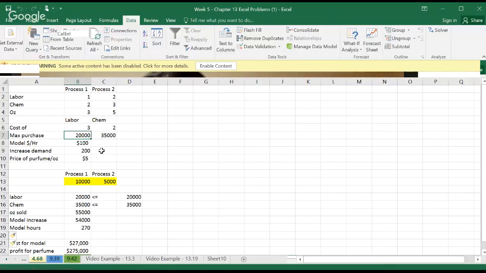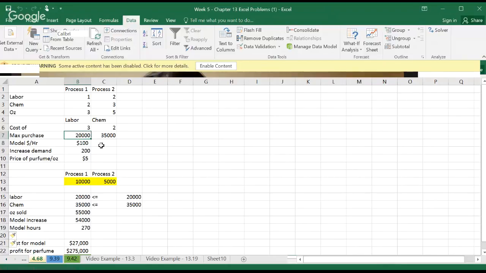Because I did cost of labor and cost of chemicals, so I would need to do a sum then multiplication. Oh yeah, you are correct. Oh, you know what? We may have done labor wrong. Hold on. I did a sum product and that's not right.